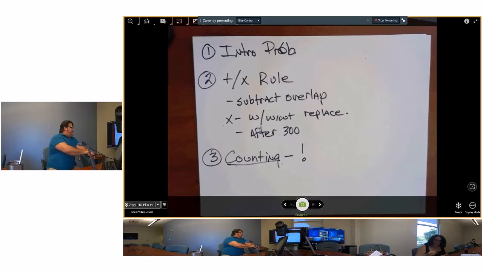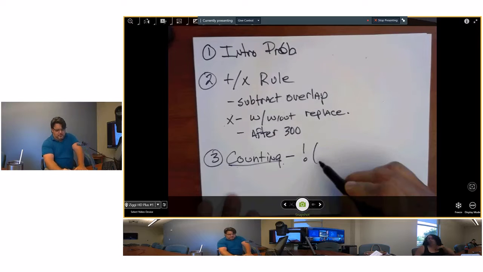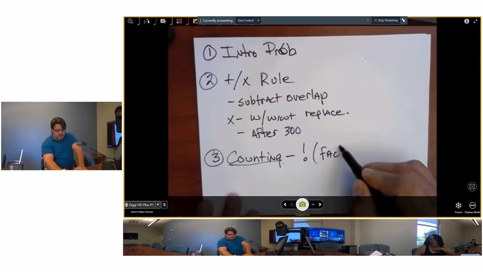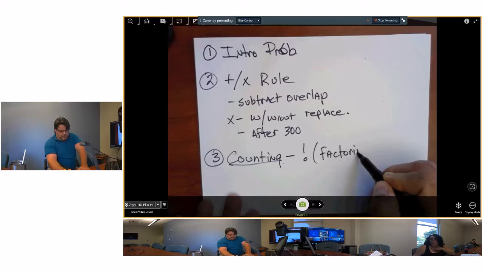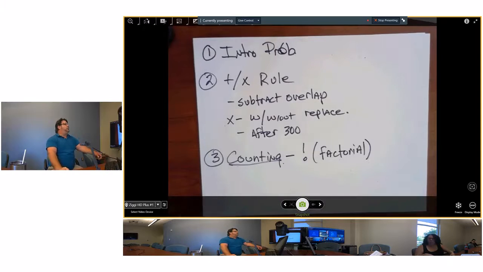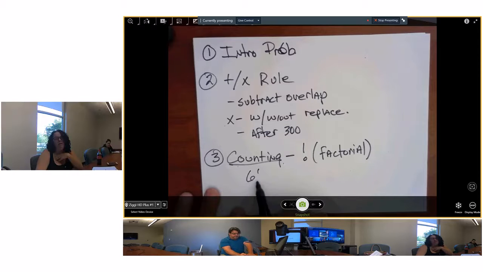All right, counting. What is that exclamation point in math called? Factorial. It's called factorial. Factorial is when you multiply the numbers in sequence down to 1. So what would 6 factorial be? Like a factor tree?